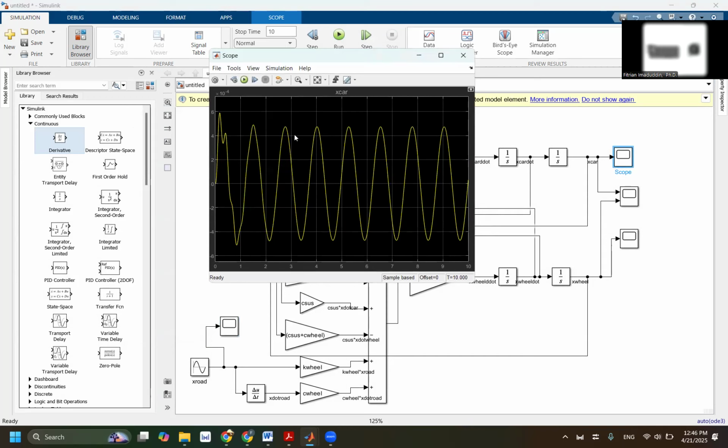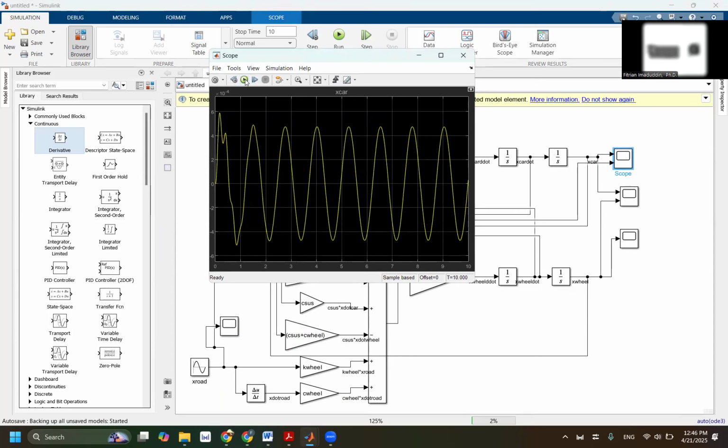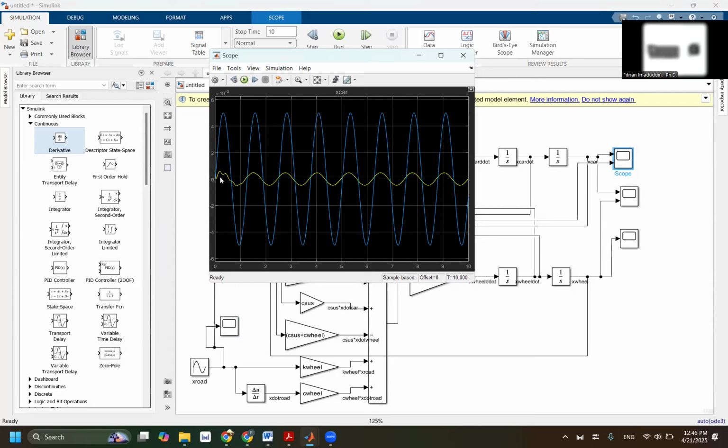And the amplitude of this is almost 10 times smaller than the amplitude of the input. If you compare, the yellow is the response and the blue is the wheel. So the wheel is moving like this, and you inside the car are probably moving like this. Quite comfy, actually. Imagine that you have a speed bump, but you don't really feel that much shaking.